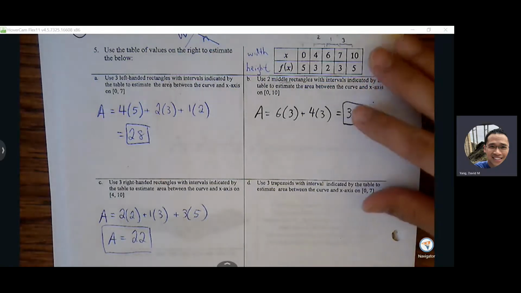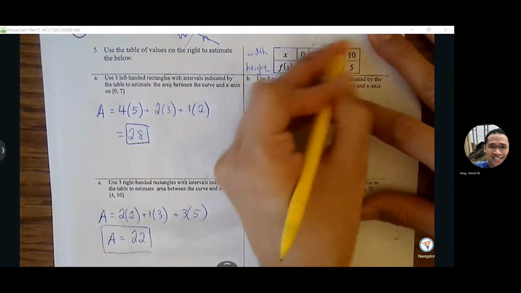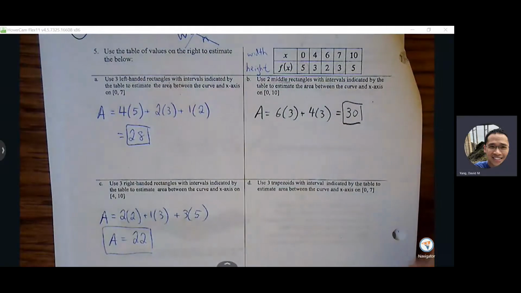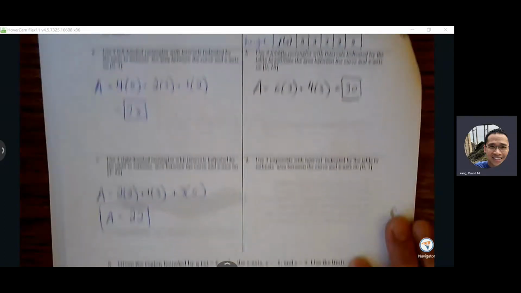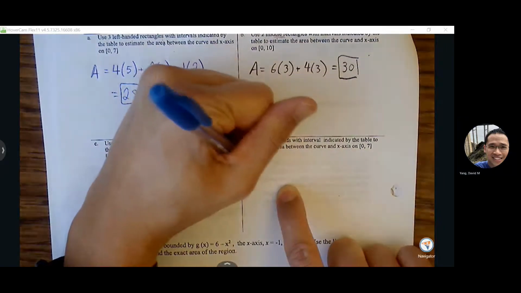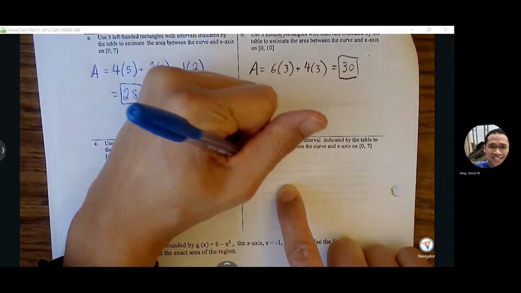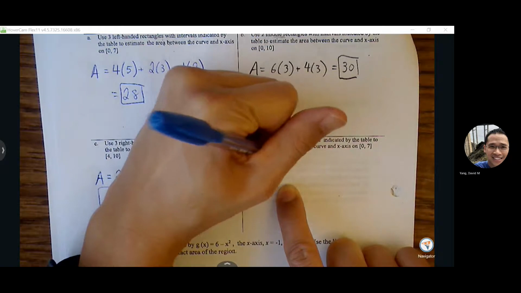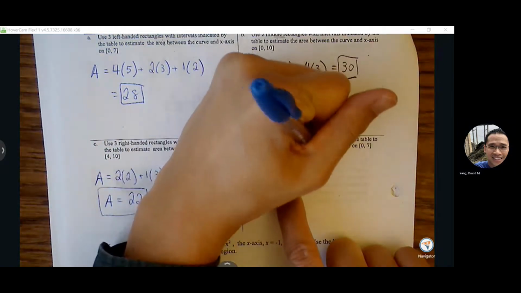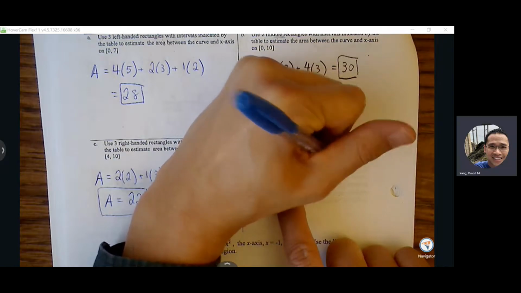Part D is a trapezoid. We're going to have to build each of the trapezoids separately. So here's a formula for trapezoid. It's width over 2, height 1 plus height 2.